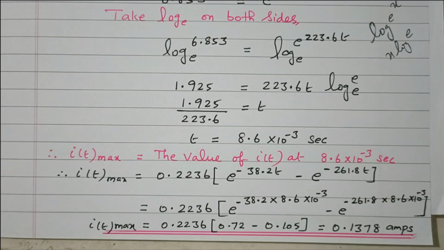After that, we took the inverse Laplace, so that we got the transient current. In order to find the maximum value of current, di by dt is equated to 0, so that we got the time t at which the current is maximum. That t value is substituted in the transient current to get the maximum value of current.